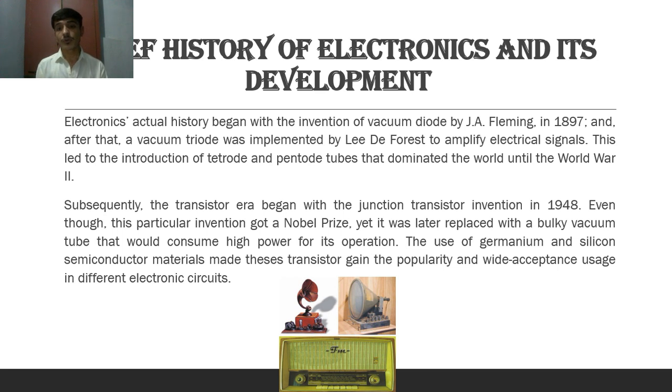Brief history of electronics and its development. Electronics' actual history began with the invention of the vacuum diode by J.A. Fleming in 1897, and after that a vacuum triode was implemented by Lee de Forest to amplify electrical signals.